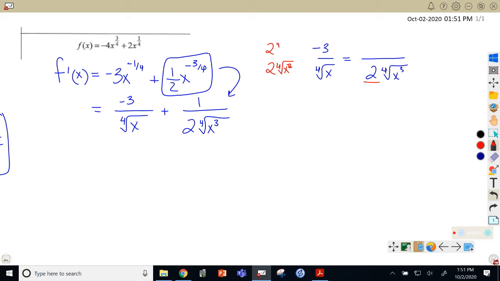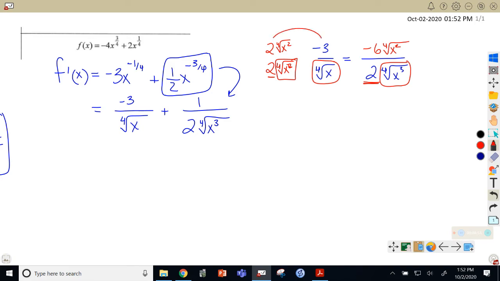And that will give me negative 6 4th roots of x squared, excuse me. So again, how did I come up with that? I knew there was a 2 missing from this denominator, so I had to multiply by that 2 here. And then to get from the 4th root of x to the 4th root of x cubed, I needed to multiply by the 4th root of x squared. I did that up top, and it's basically just 2 times negative 3.